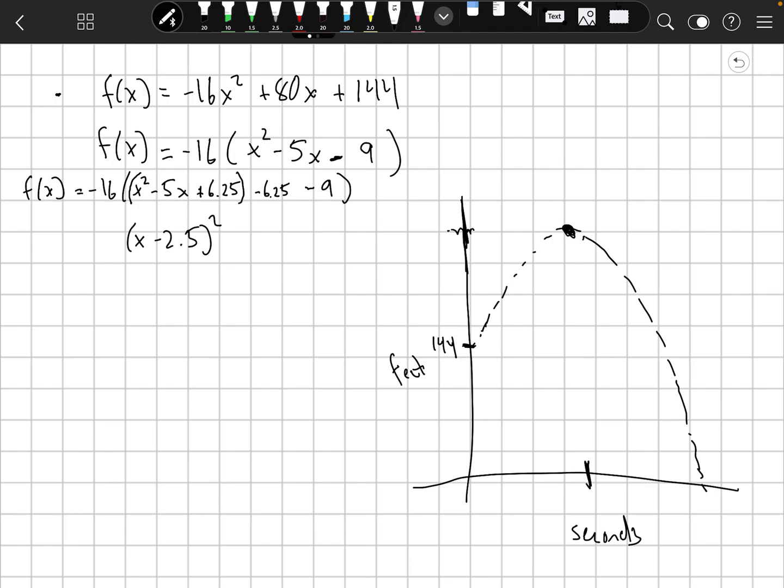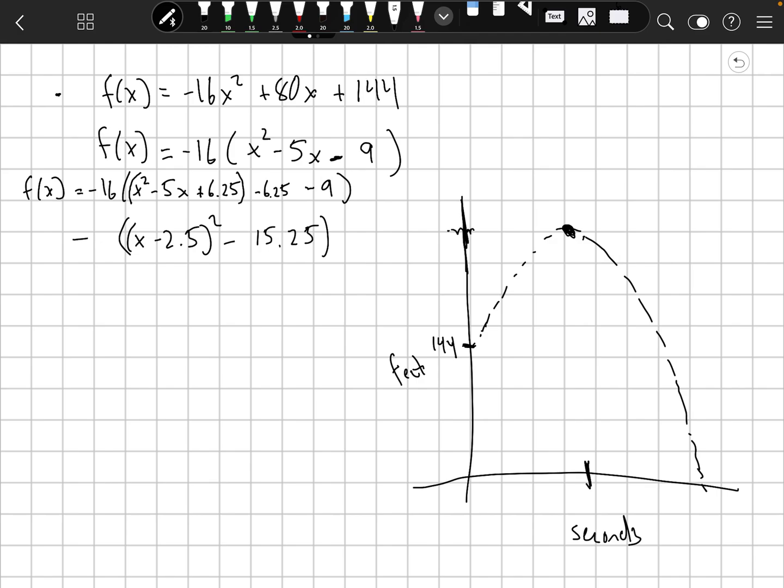And believe it or not, we already know what the number of seconds is going to be when you're at your maximum height. It's going to be 2.5. And then minus 6.25 minus 9 is going to be minus 15.25. And I put an equal bar there. I need to put a minus 15.25. Okay. Now we are almost there.